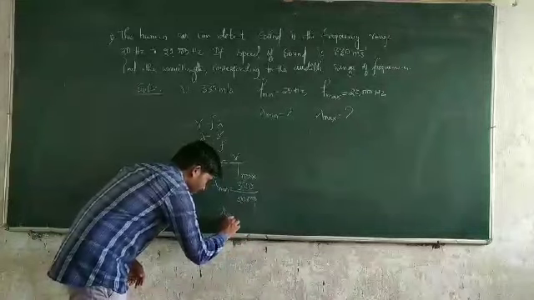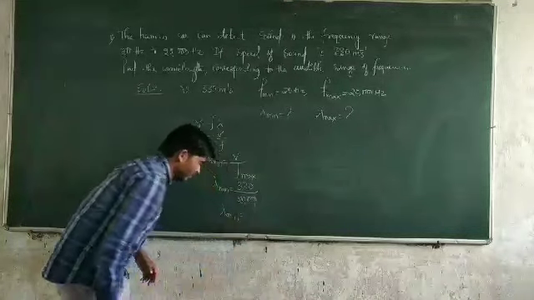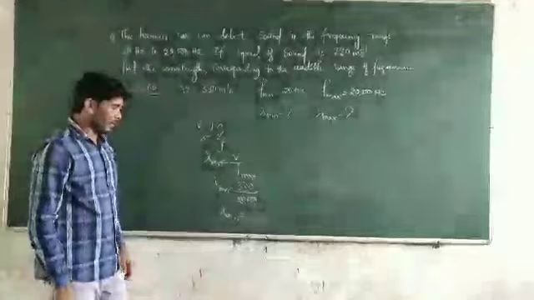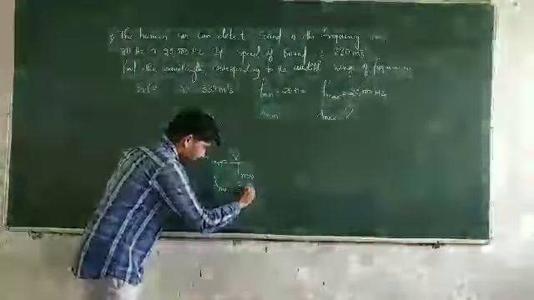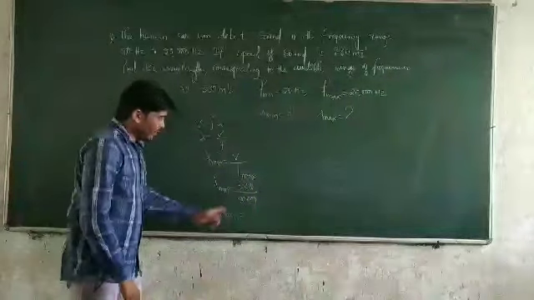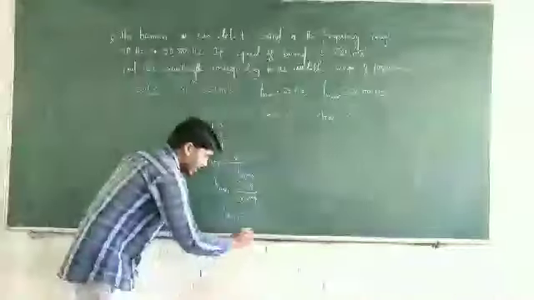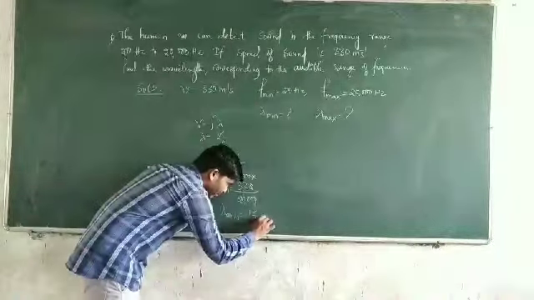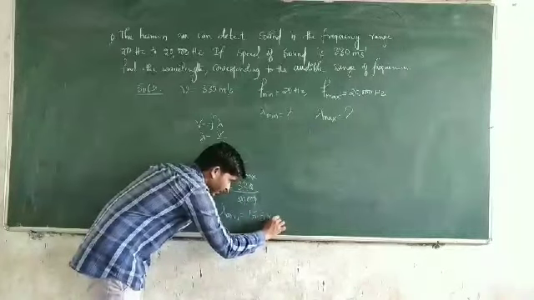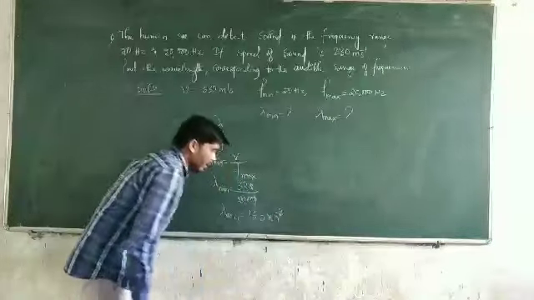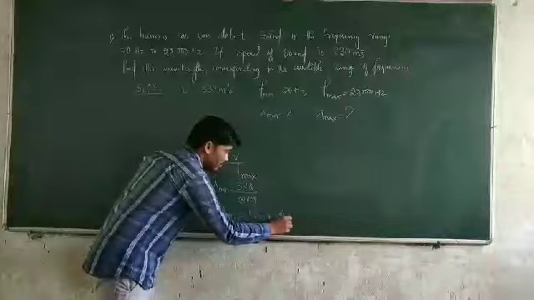So the minimum wavelength is, if you calculate 33 divided by 2000, you will get 16.5 into 10 to the power of minus 3 meter.